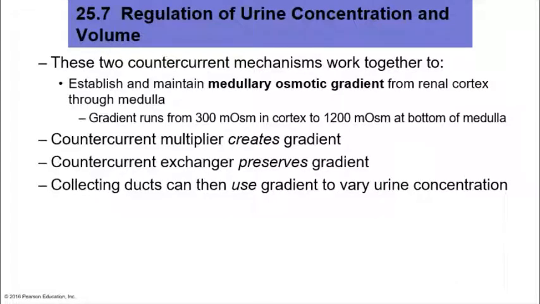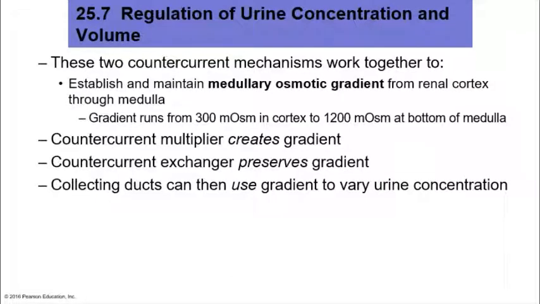You do not need to know these numbers, but just to help: the cortex has about 300 milliosmoles. Remember, osmolality, think concentration. While in the medulla, it's 1,200 milliosmoles. The medulla is way more concentrated than the cortex.